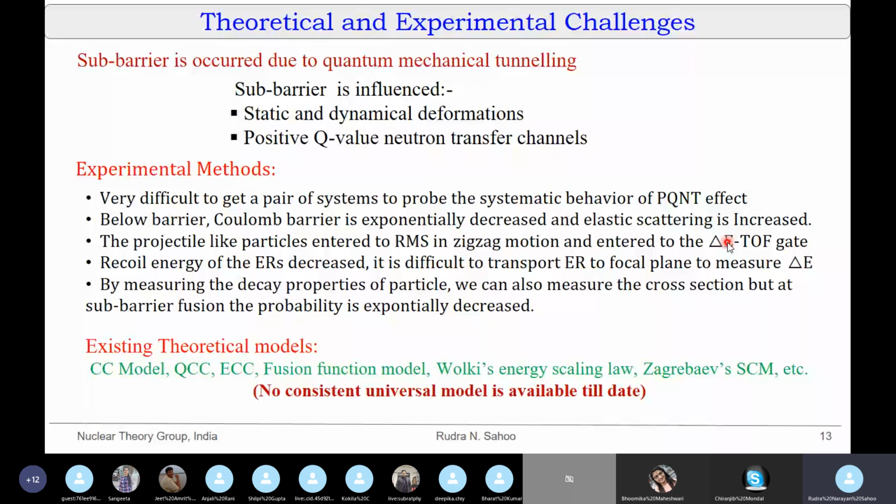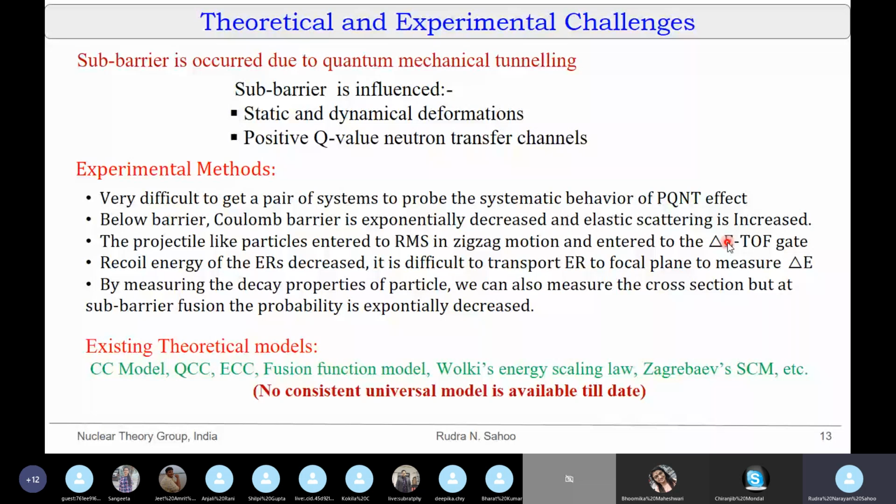And one more thing: if you go down below the barrier, then the evaporation residue energy also decreases. If the kinetic energy of the evaporation residue decreases, then we cannot transfer the particles from the target chamber to the focal plane.